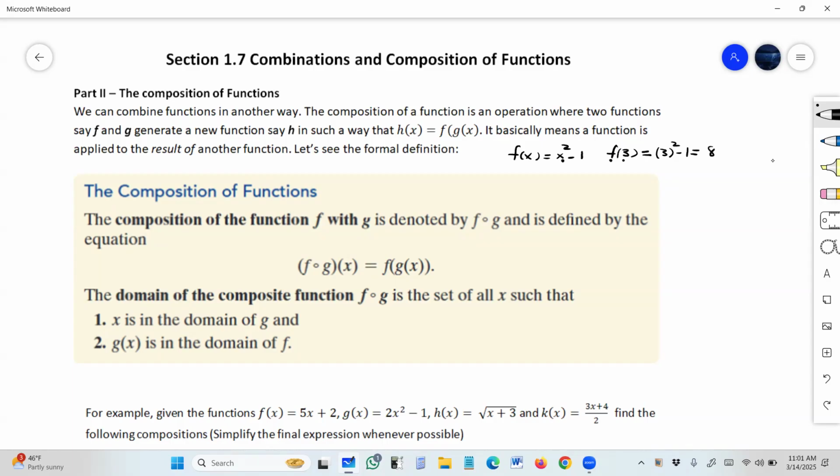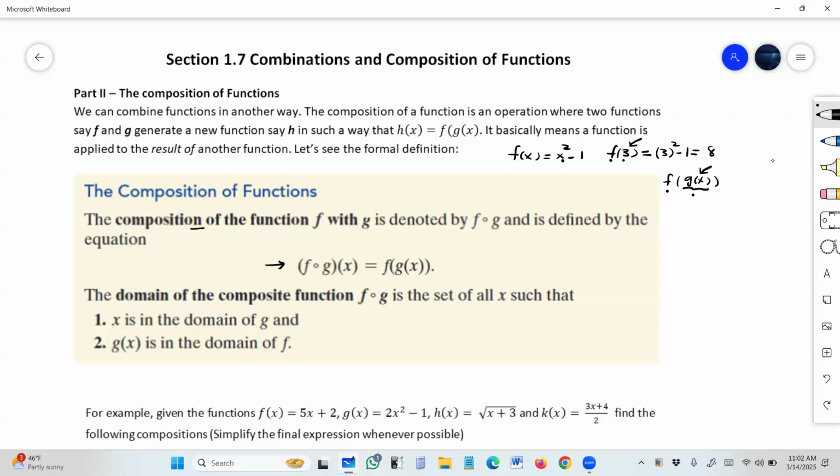Now, a composition is nothing more than, instead of evaluating the function at a particular point, we evaluate the function at another function. Instead of writing a number here, we write a function. This is what composition is: a function of another function. So here's the definition.